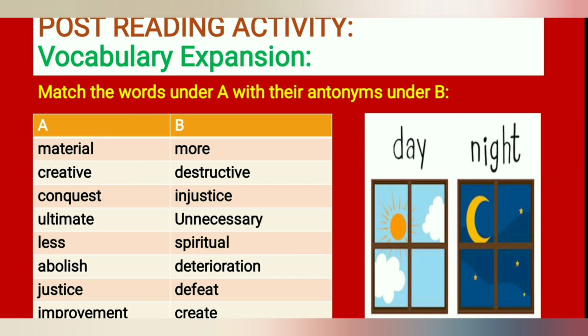Yes, you have learned all these words while reading the text. I'm giving you some time. Now read the words given in column B and match the words given in column A with their antonyms given in column B.